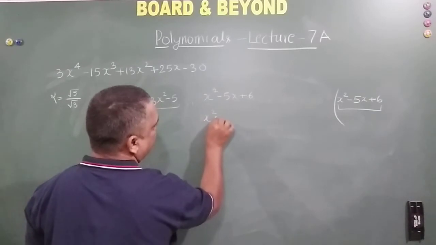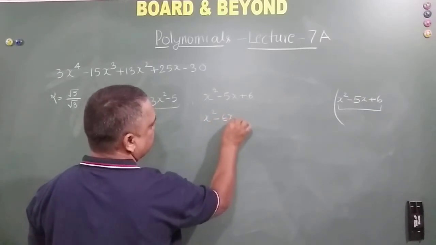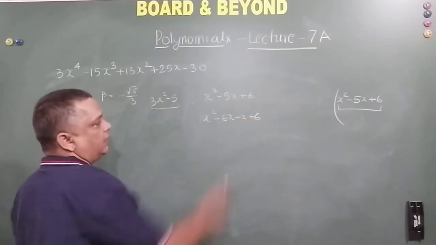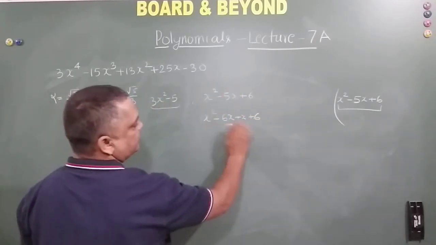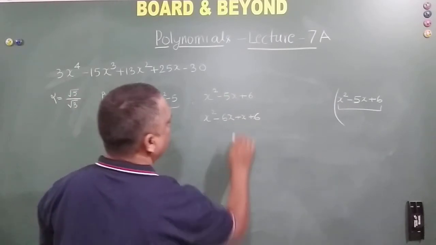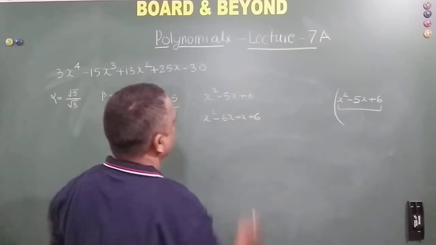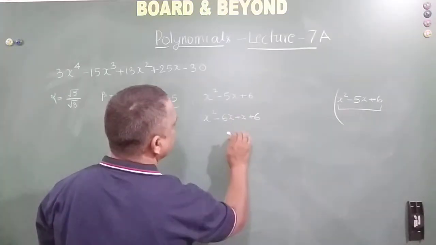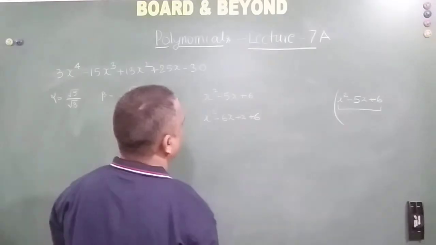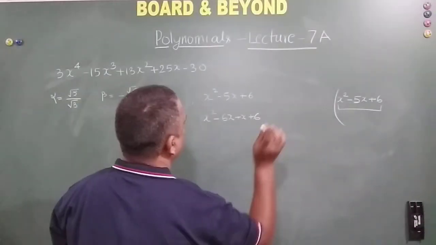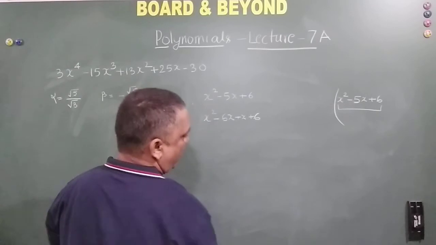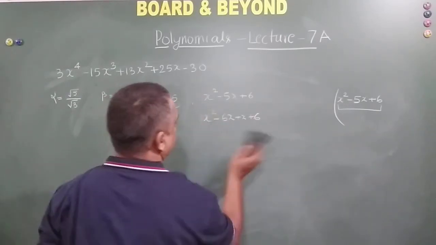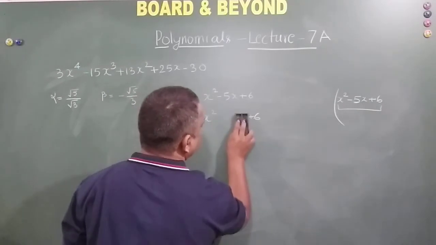So this is x square minus 6x plus x plus 6, right? Product is 6x square. Sorry. The product is plus 6, but it is giving me minus 6. I don't want that. Okay, so this factorization is wrong.